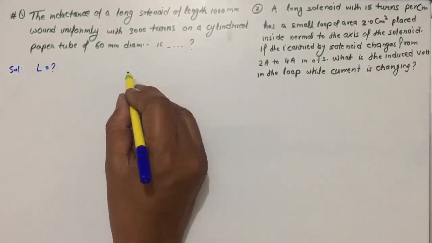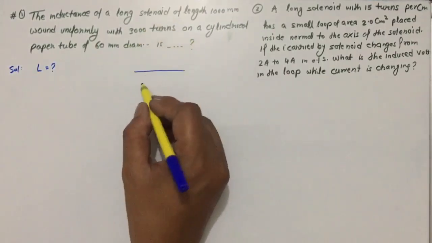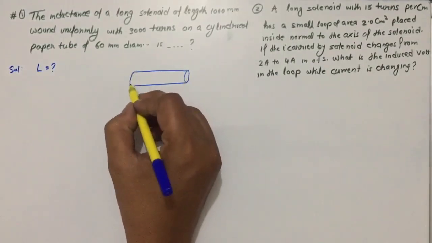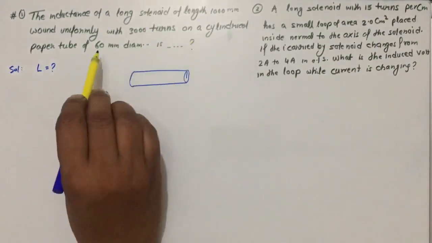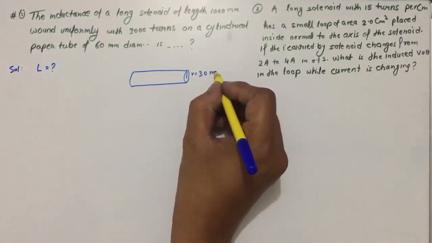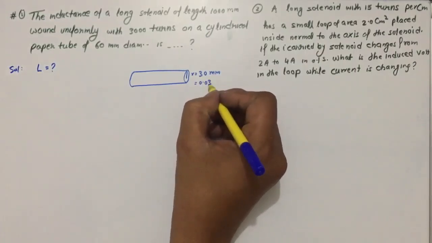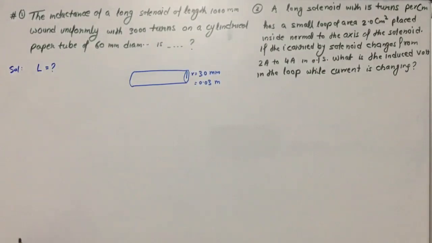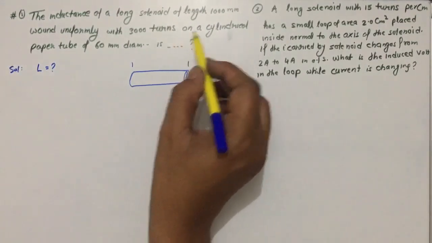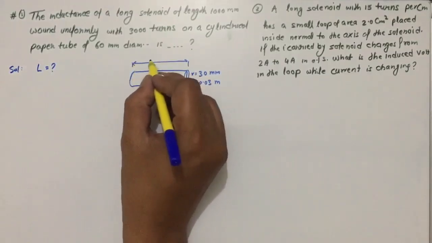The radius of the tube, from the diameter, will be 30 mm, that is 0.03 meter, and the length is 1000 mm, that is 1 meter.